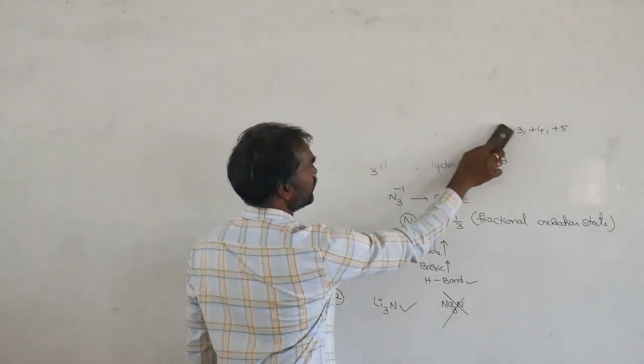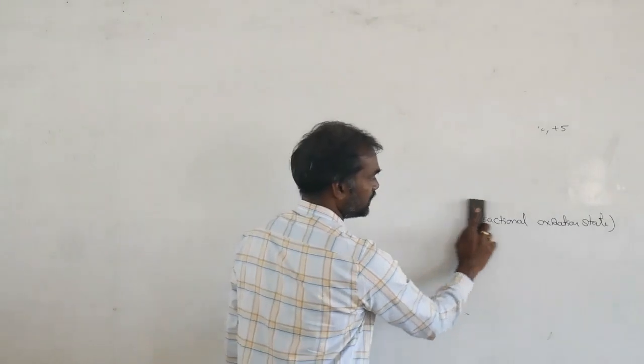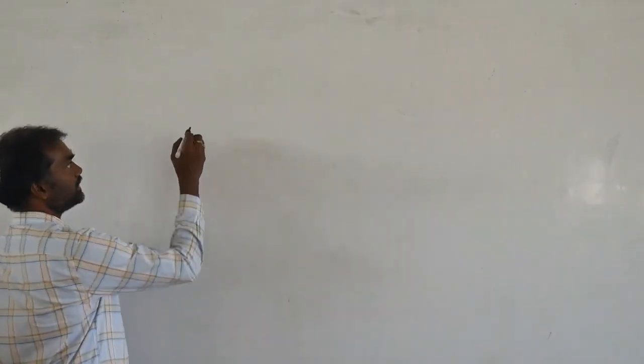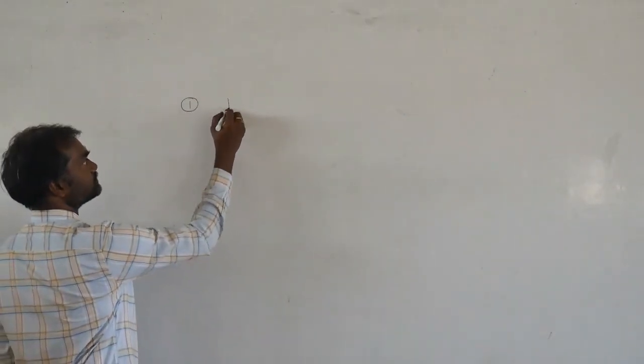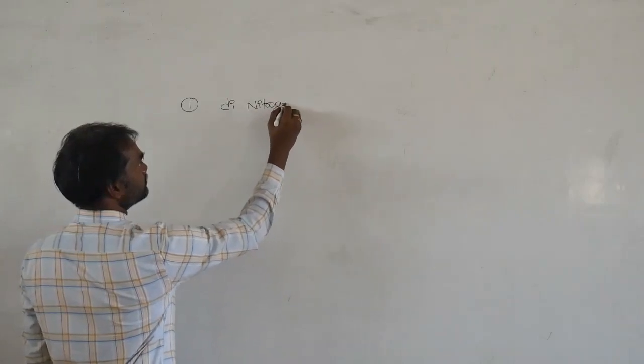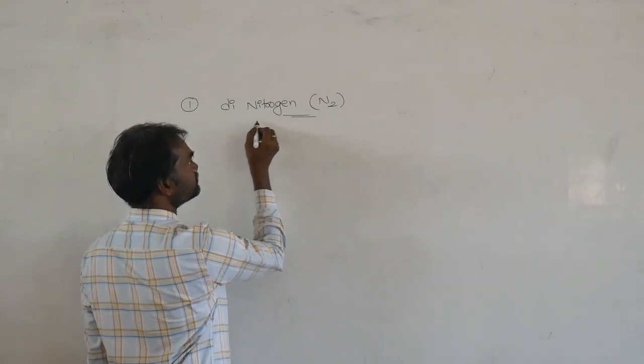Next, here we are discussing some important compounds. The first important compound is dinitrogen, that is N2.